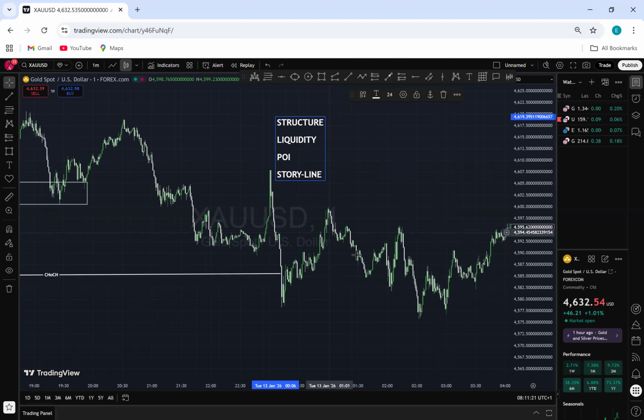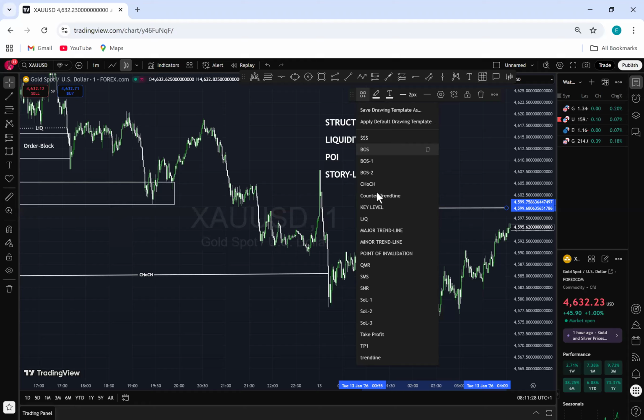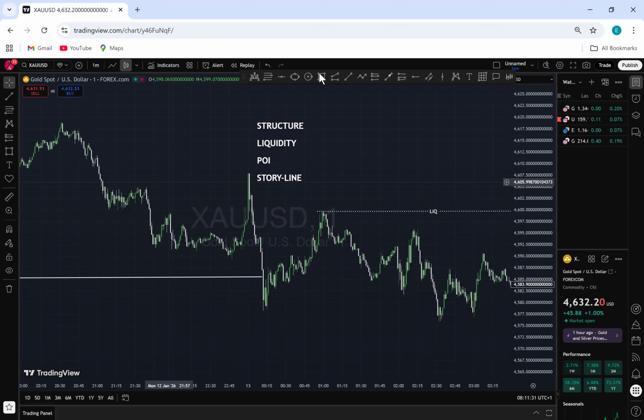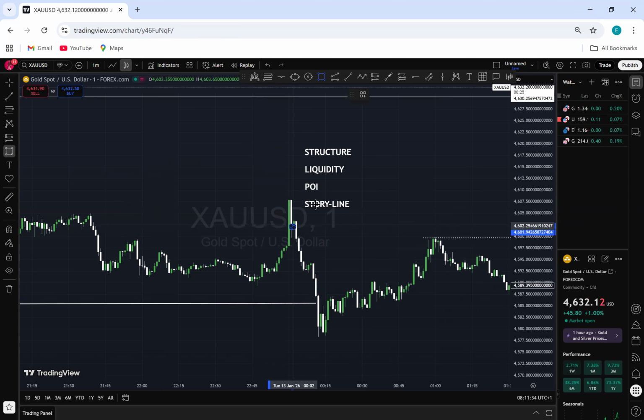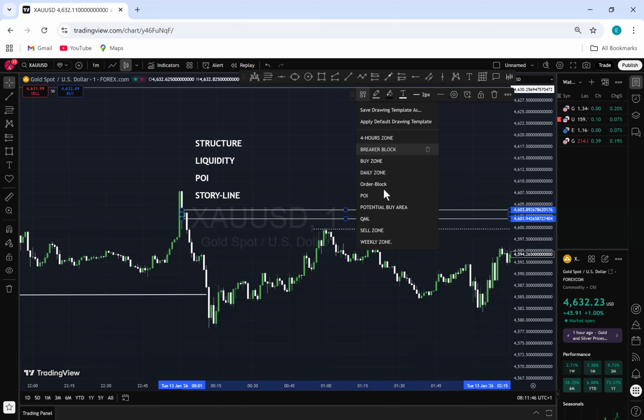We have our structure here, and then we have this as liquidity. Now look for the point of interest. We have this candle, and then you can actually mark the entire area. But we have this candle as our point of interest.